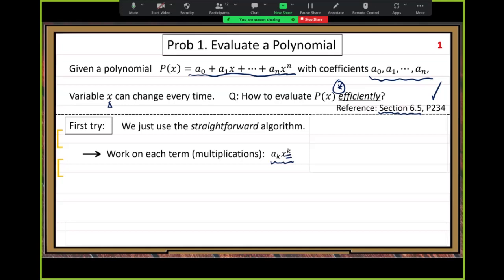Let me say this k equals 100. Can you use 2 multiplications to give me the value a sub k times x to the 100th power? Can you tell me how many multiplications? Anyone?